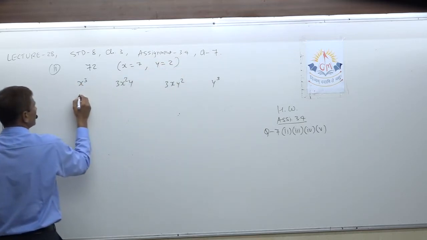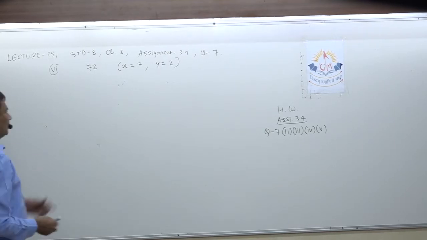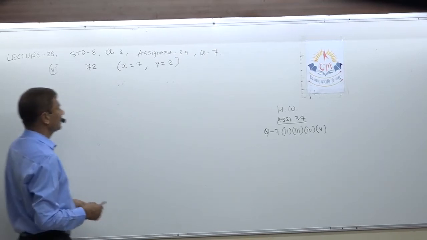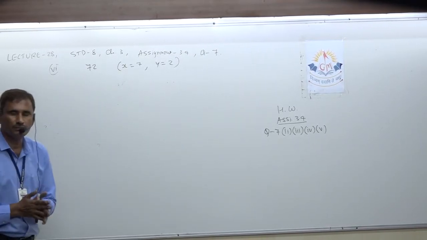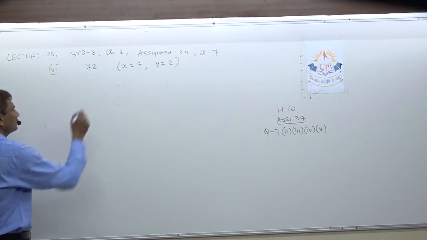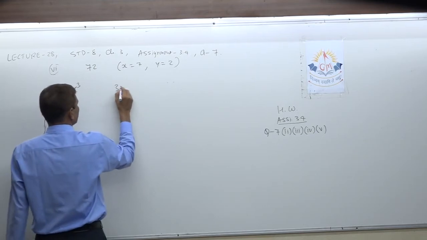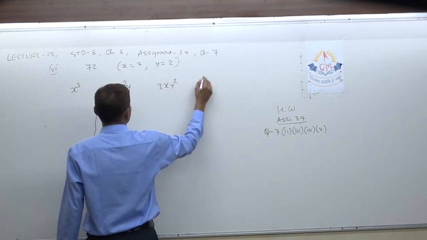So find it here. Questions 2, 3, 4, 5 are homework, first and last we solve. So now let's look at the last number, it is 72. So x is 7, y is 2, so again the same columns: x cube, 3x square y, 3xy square and y cube.